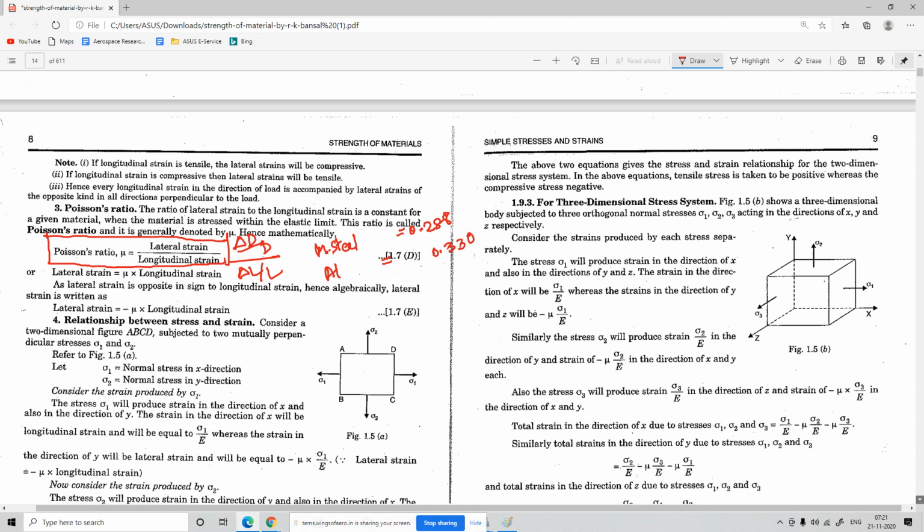Then for copper it is 0.355. Then for brass it is 0.340, and for cast iron it is 0.270.